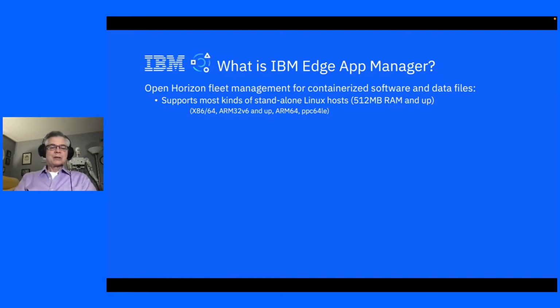So that includes x86 64, ARM32 v6 and up, v7, LE, and HF, and ARM64 v8, and PPC 64 LE, the IBM Power Architecture. And it also supports most types of Kubernetes clusters. So you can manage your containerized software on all of these platforms.